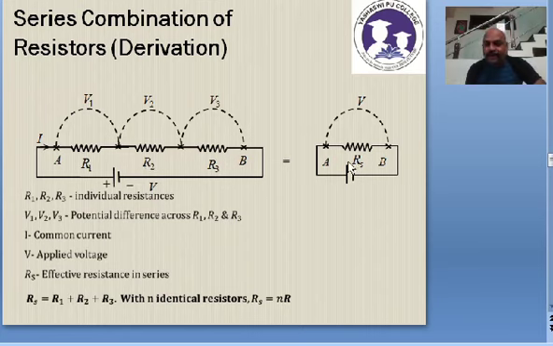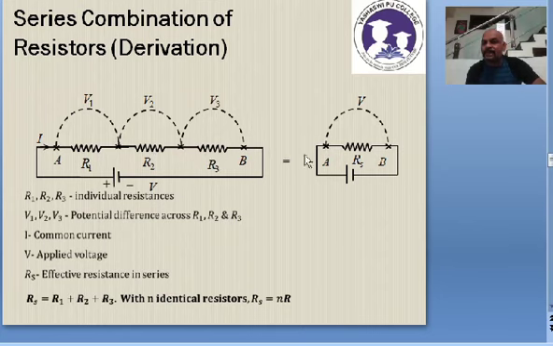In the second diagram, all these three resistors R1, R2, R3 connected in series are replaced by a single resistor, which is known as the equivalent resistor. This equivalent resistor effectively replaces all the three resistors in series.